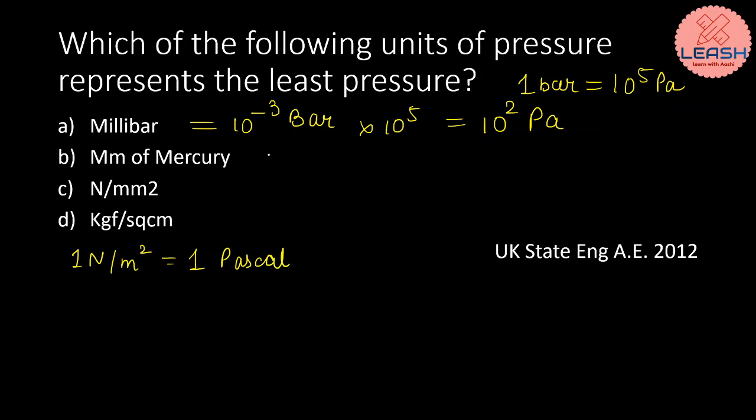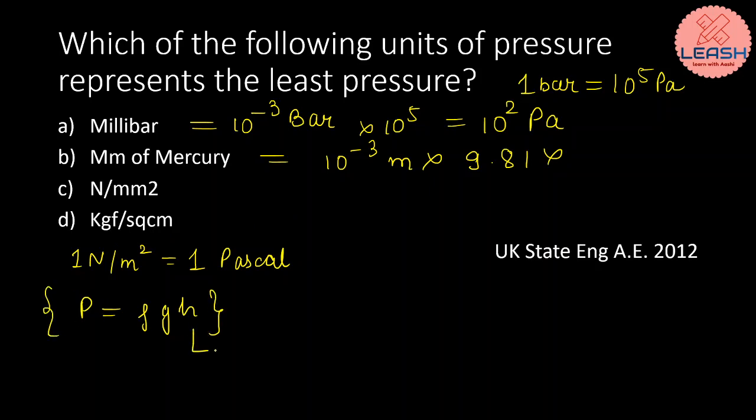Similarly, millimeters of mercury. Let's convert 1 millimeter of mercury, which is given in terms of head pressure, and I have to convert it in terms of intensity. So 1 millimeter will be equal to 10 to the power minus 3 meters into g into h. Sorry, h I have already taken. So P is equal to rho g h is what I am applying, the hydrostatic law. Head is 1 millimeter of mercury.